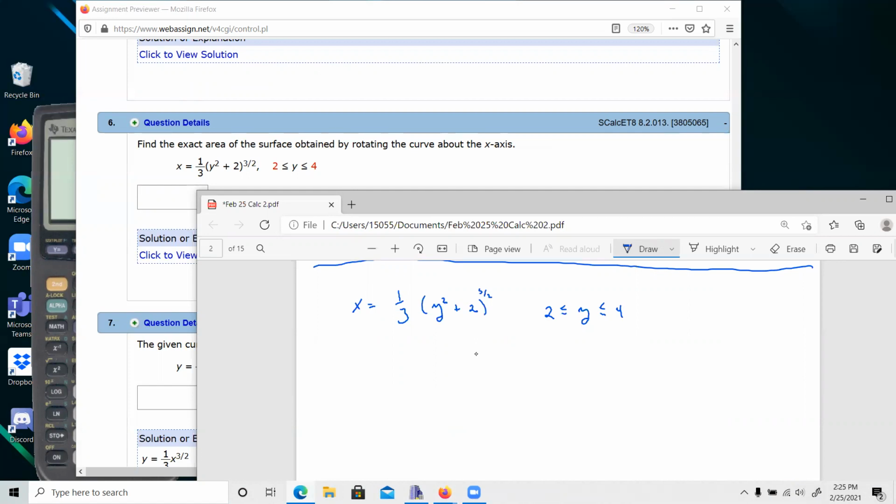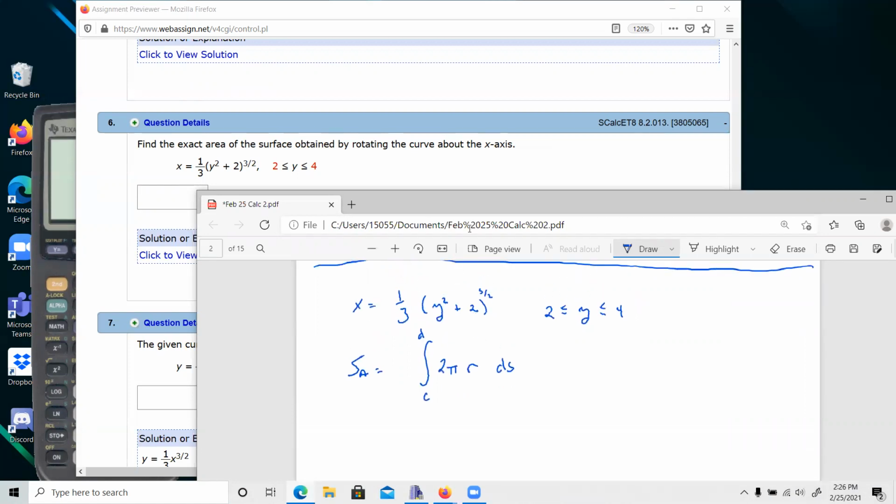So I just like to remember that my surface area is equal to the integral, with limits we'll say C and D here, of 2 pi r ds.